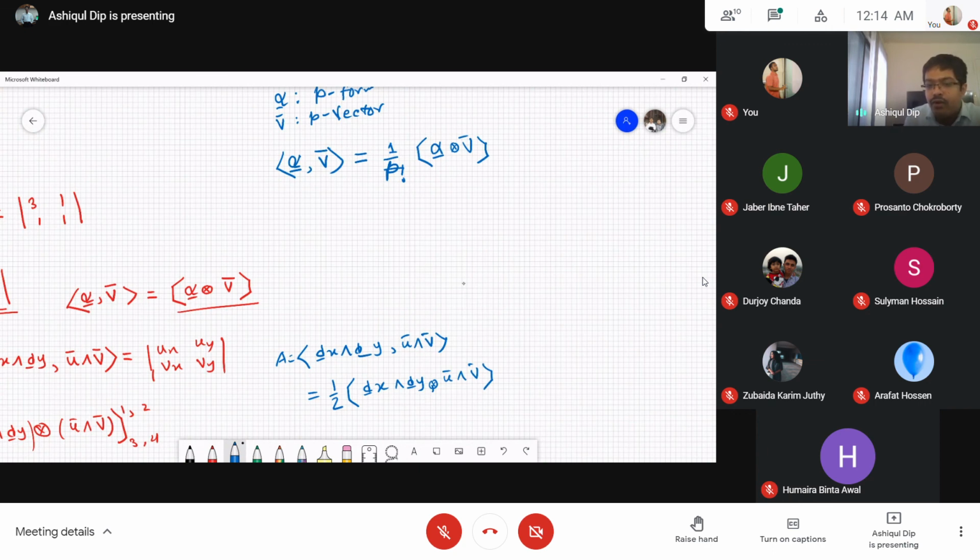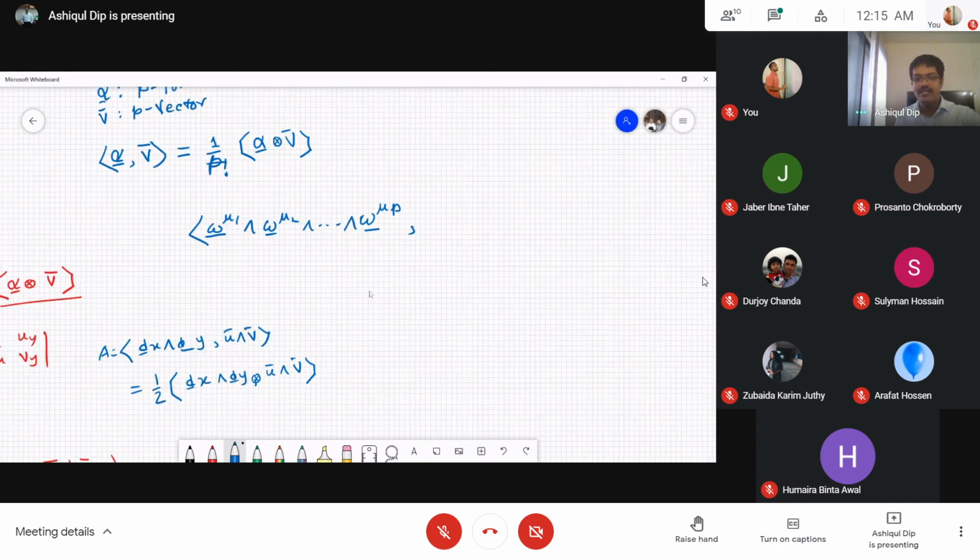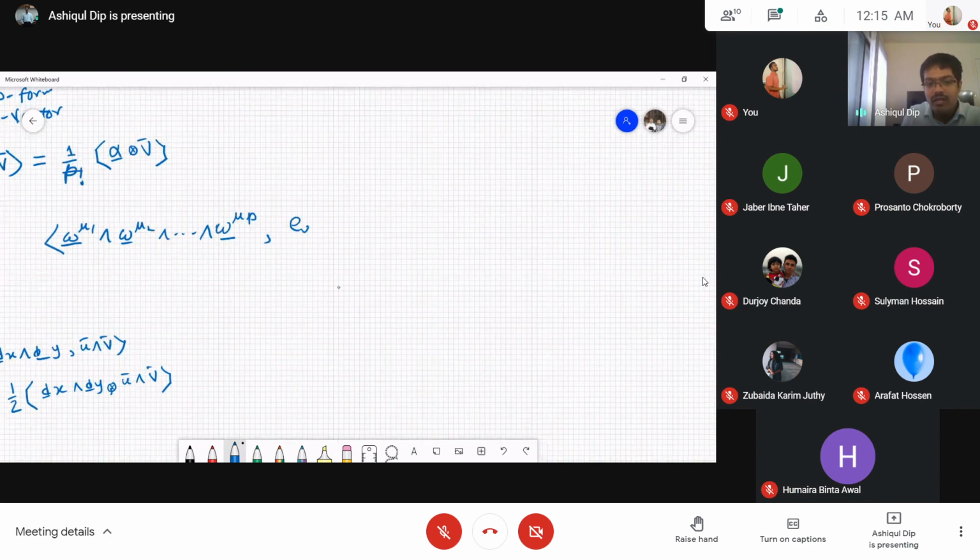So the basis p form is omega mu1 wedge omega mu2 wedge up to wedge omega mu p, and the basis p vector is e nu1 wedge e nu2 wedge up to e nu p.